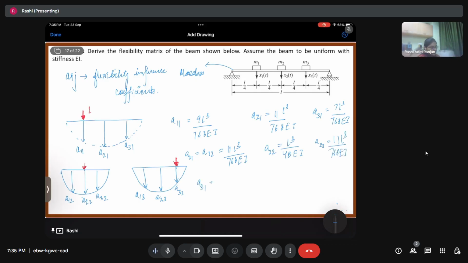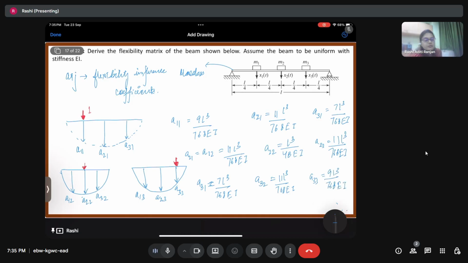Again, A31 as 7L cubed by 768 EI, A32 as 11L cubed by 768 EI, and A33 as 9L cubed by 768 EI. So this is what we are going to get.